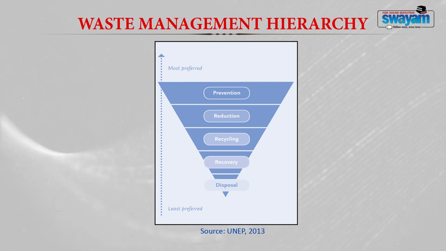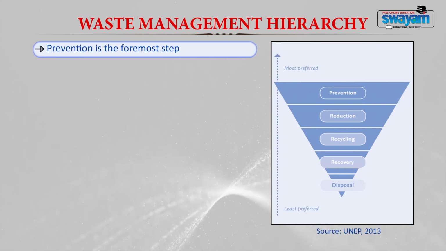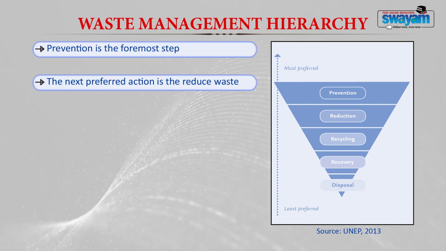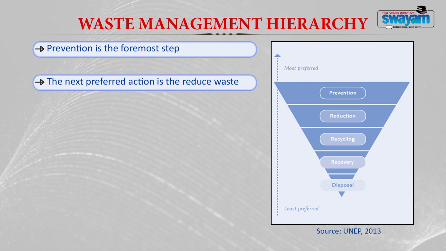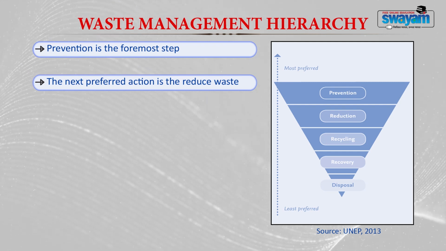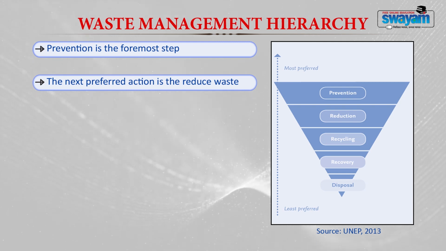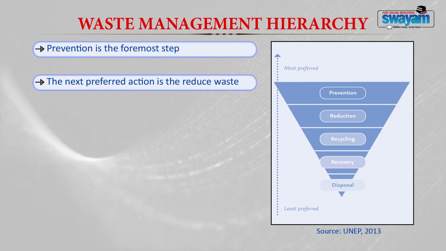The top of the pyramid is the flat base, and it emphasizes prevention of waste generation. Prevention is the foremost step. The next preferred action is to reduce waste. We have studied that a number of approaches at individual level, at institutional level, and at industrial level can be adopted to avoid the waste production or to reduce the waste production.